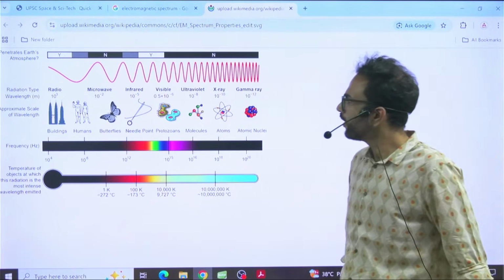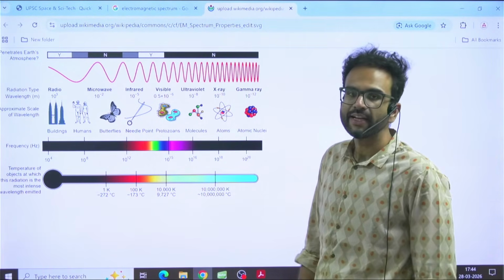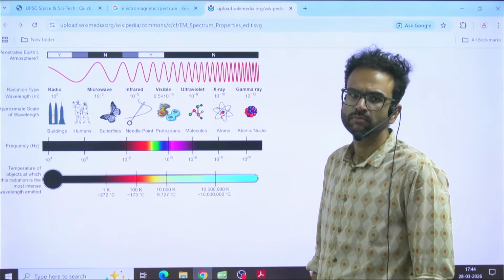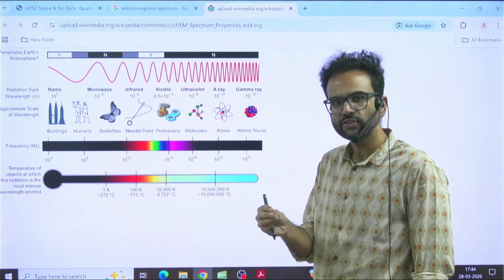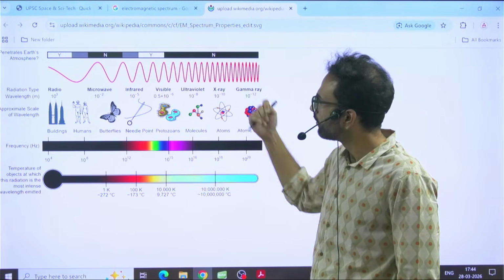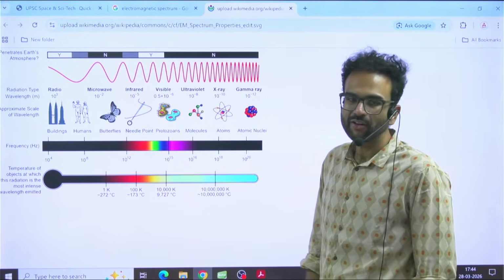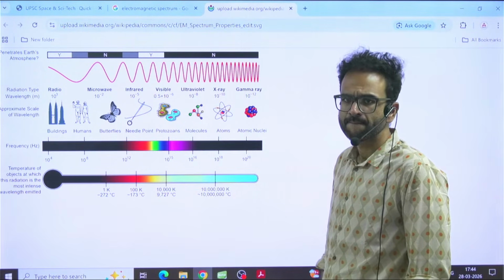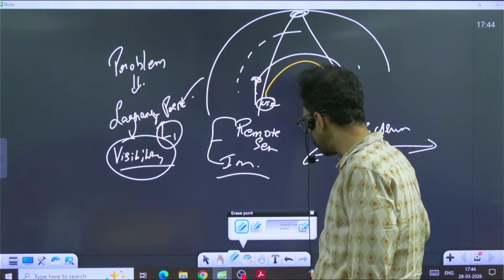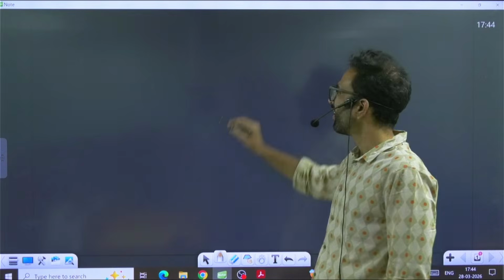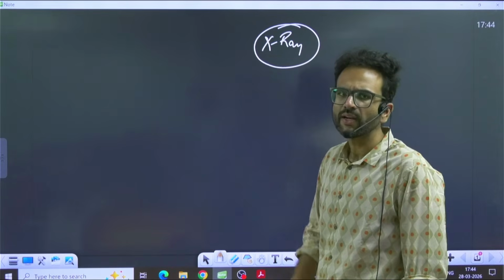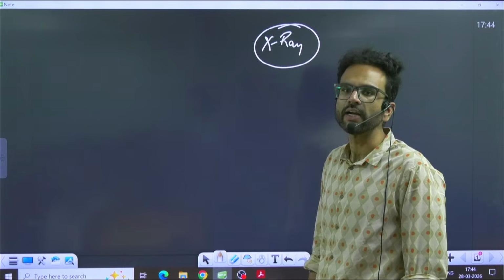Now, when you're talking about an X-ray telescope, what is the meaning of that? If a telescope is called an X-ray telescope, or let's say an infrared telescope, what is the implication of that word?